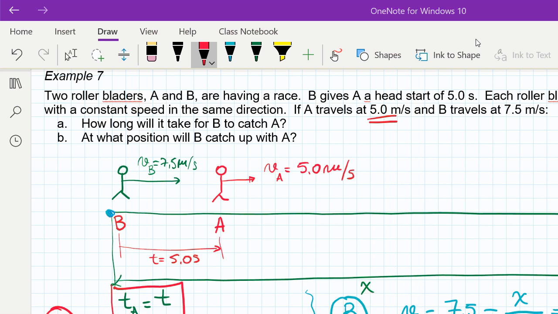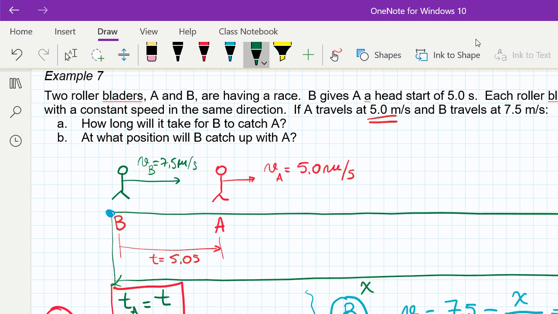Now it's the matter of equating those two relationships. So on one side we'll have 5.0 t is equal to 7.5 times (t minus 5). So this is a linear equation. We can solve it by distributing 7.5 to t and to negative 5.